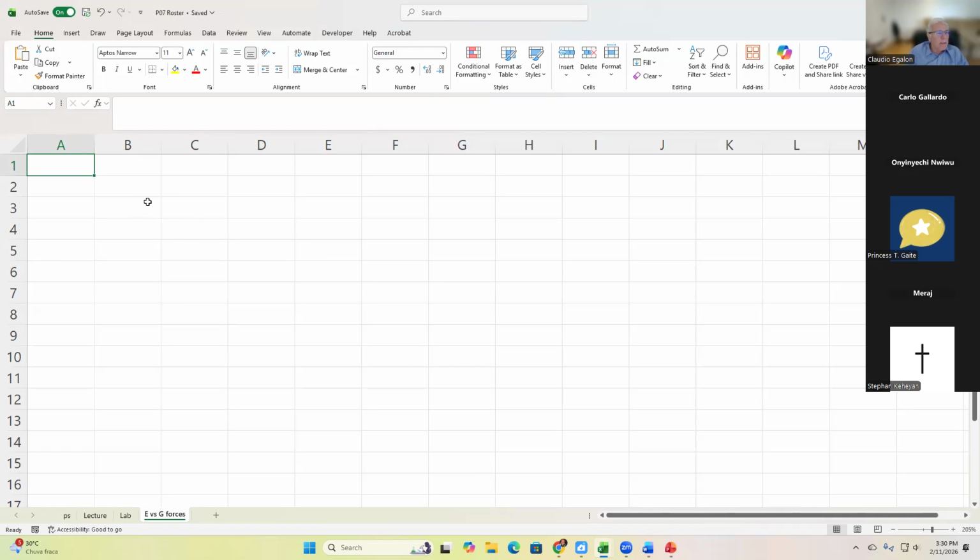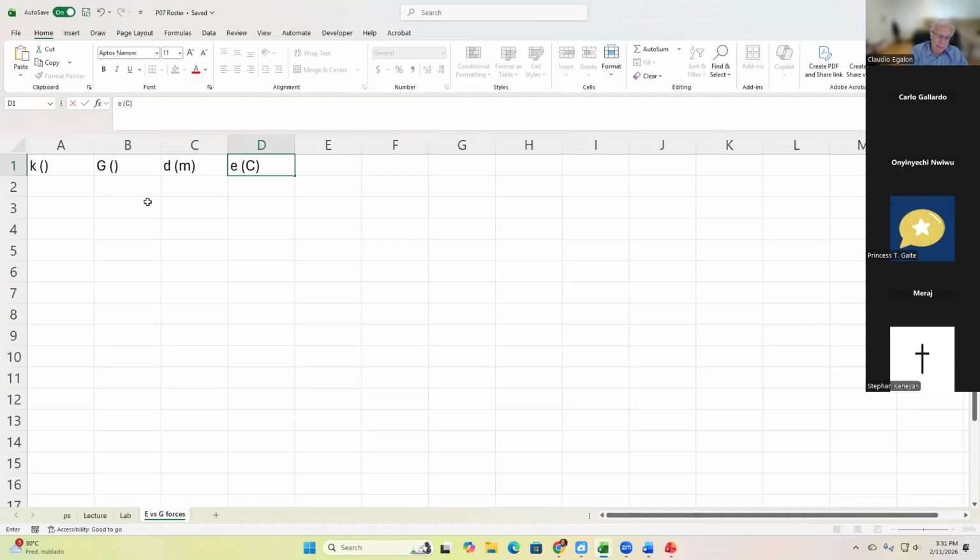What do we need? We need the numeric value of K, which has a unit. We need the numeric value of G, which has another unit. We need the numeric value of d, that's going to be in meters. We need the value of each charge, right? Protons and electrons have exactly the same magnitude of charge.